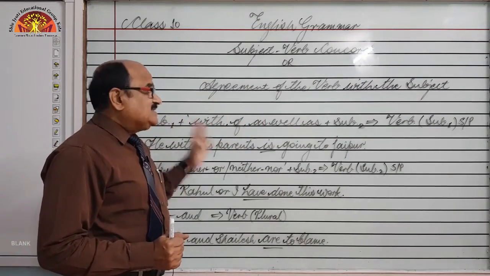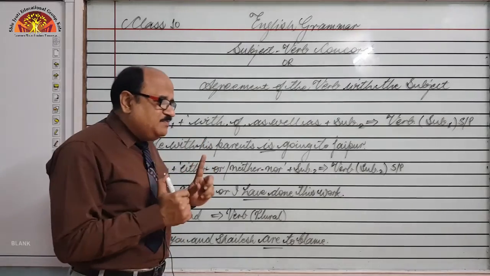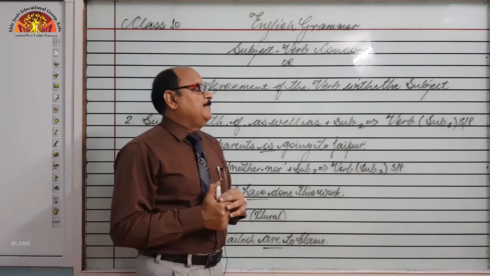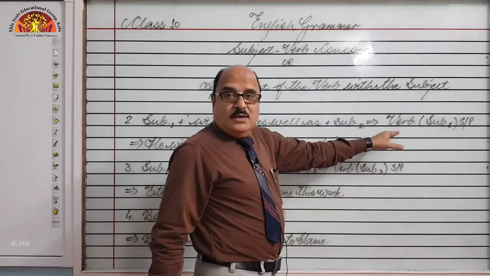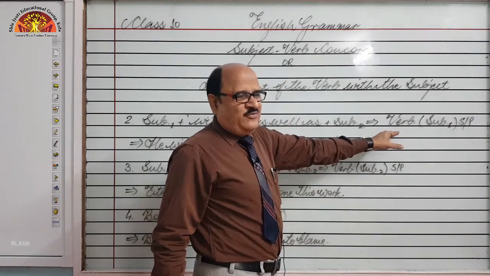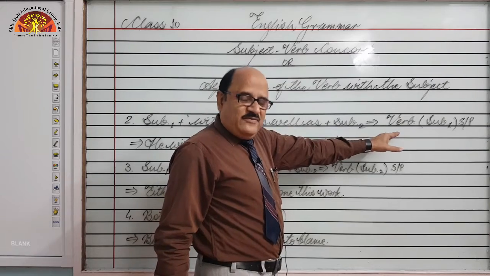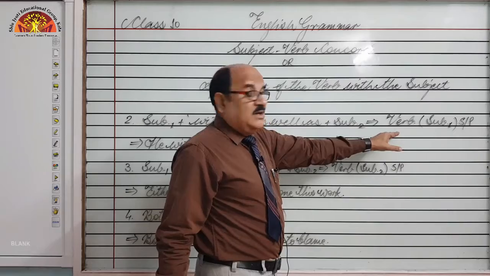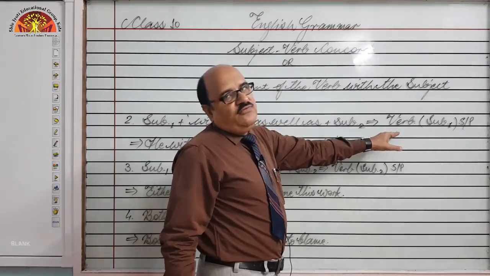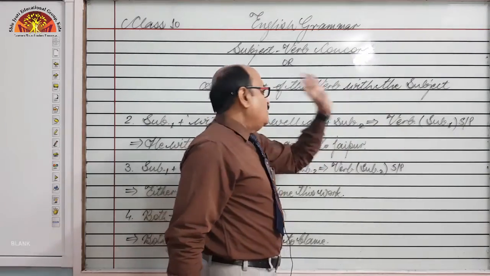Whenever this situation arises, please be assured that you are using the verb according to subject 1, no matter whether subject 1 is singular or plural. If it is singular, use the verb in its singular form. If subject 1 is plural, then the verb will also be plural, right?